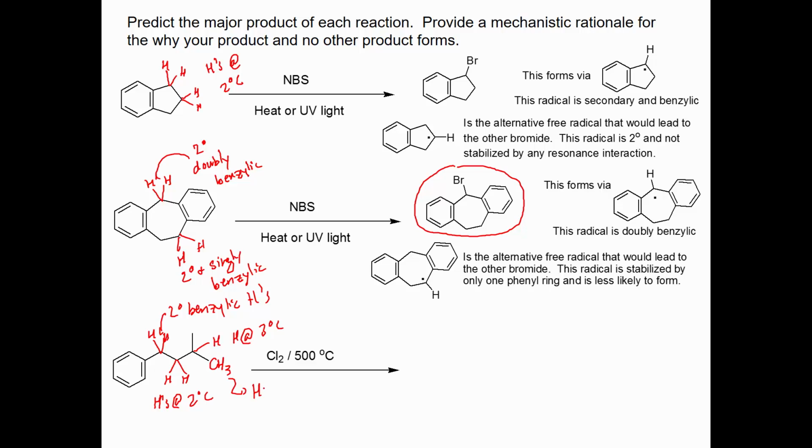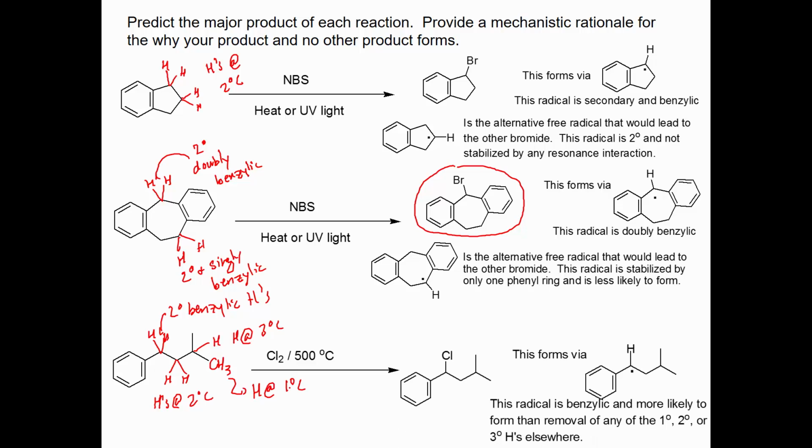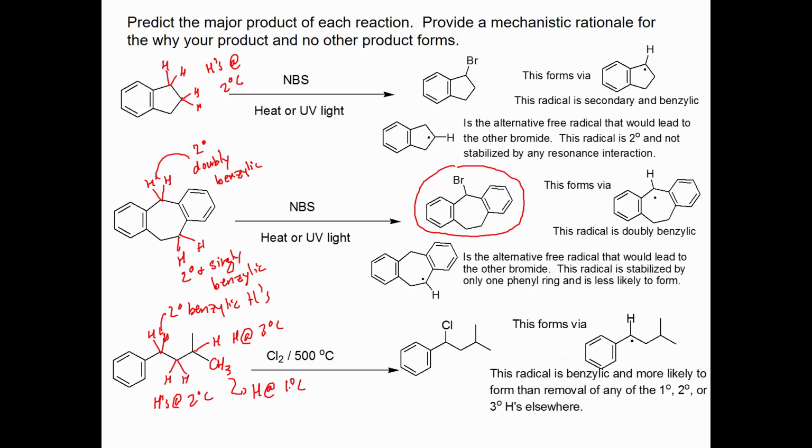We have hydrogen at primary carbon. We're going to see exclusive formation of the compound, which is the benzylic chloride. This is because only the benzylic radicals have resonance stabilization, and that's better than the stabilization afforded to the primary, secondary, or tertiary radicals that you get from extracting any of the other hydrogens.